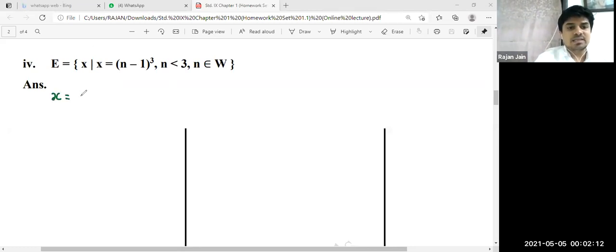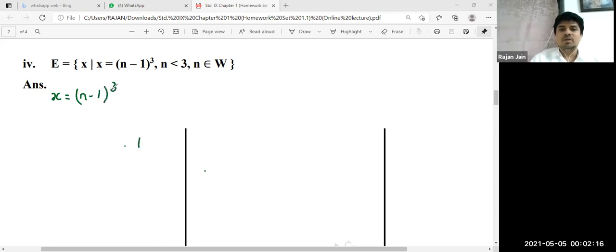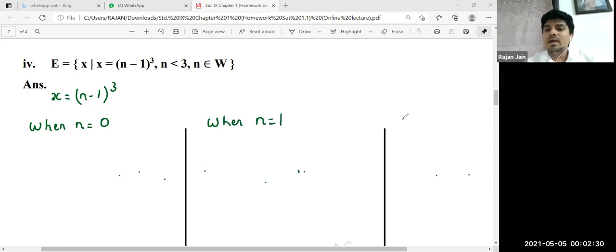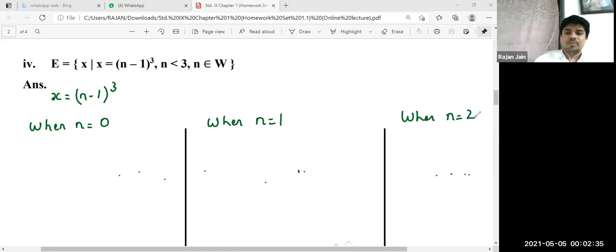I'll say x is equal to n minus 1 the whole cube. There are three possible values of n that I have. Which are the three values? As I already discussed with you, possibilities are when n is equal to 0, then when n is equal to 1, and when n is equal to 2. ये तीनों के लिए I need to get x का value.